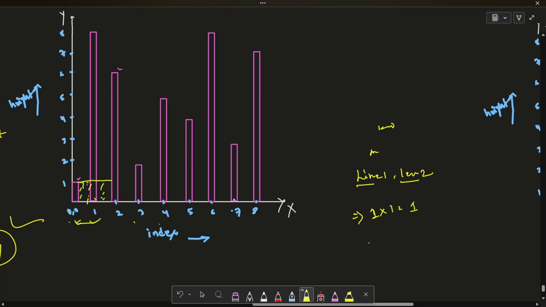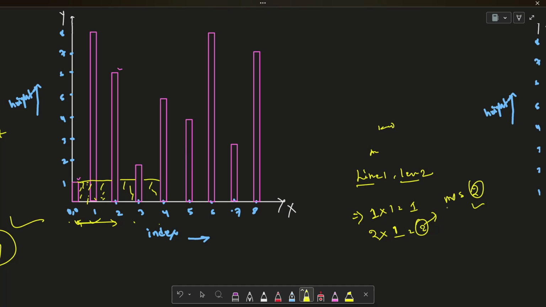Width is now 2 and height is again 1, because it should be the minimum between these two lines. So 2. Now the most water has been updated to 2. Like this, we have to compare with all, and we have to calculate the most water.